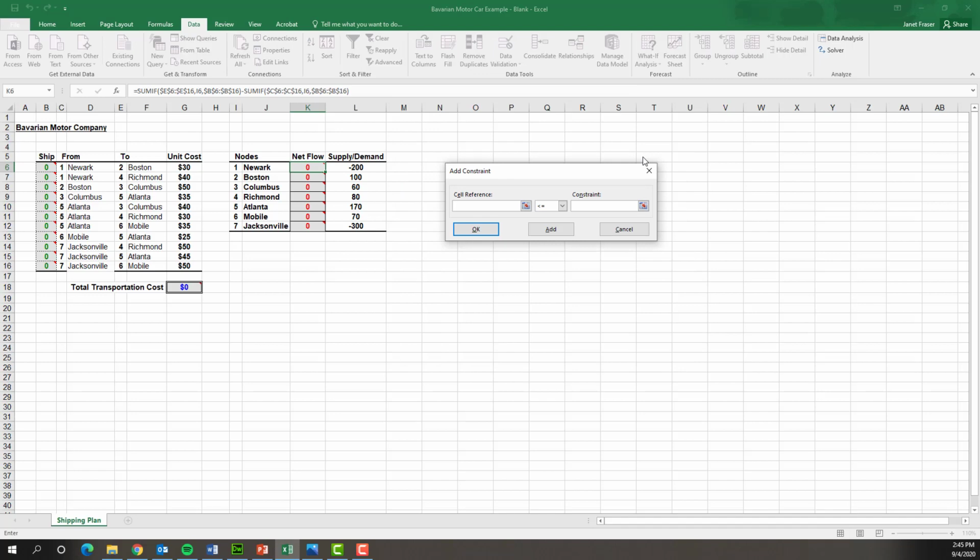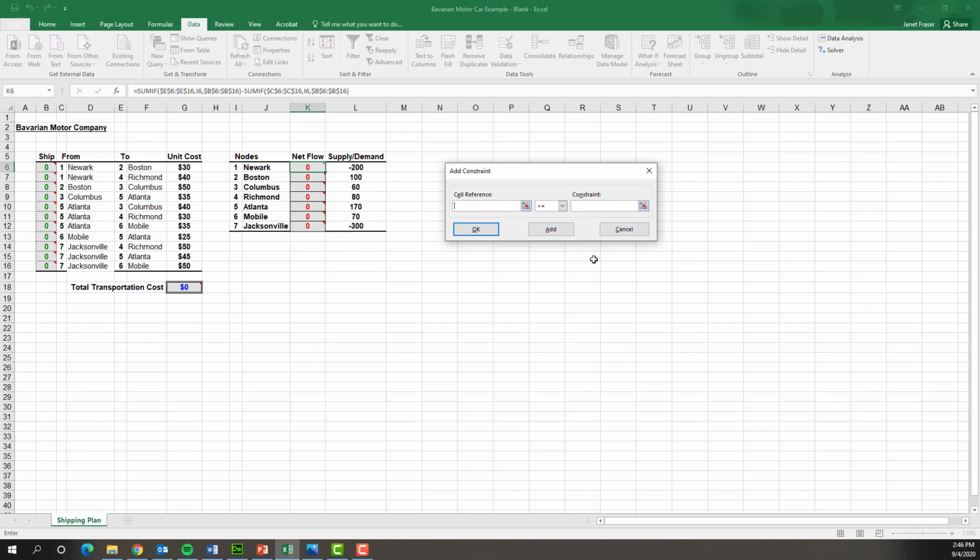So we're going to add this constraint where our net flow must be greater than or equal to our supply and demand. And again, if you're not sure which is which, refer right back to those slides and consider whether your supply is greater than your demand, your demand is greater than your supply, or if they are perfectly balanced.